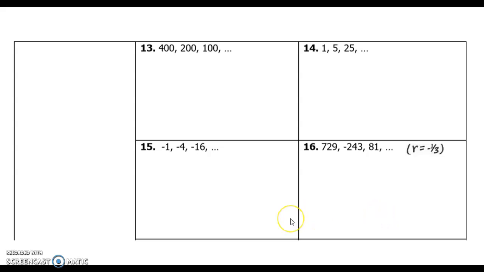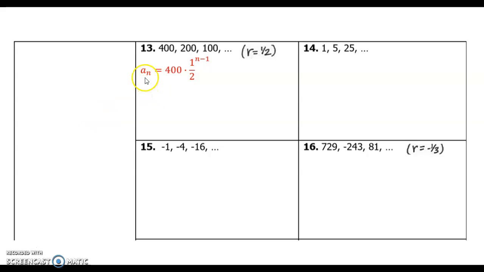All right, let's move on to some more examples. Number 13. We start with 400. Second term in the sequence is 200, then 100. Therefore, I can see my common ratio is 1/2 because 200 is 1/2 of 400, 100 is 1/2 of 200, and so on.